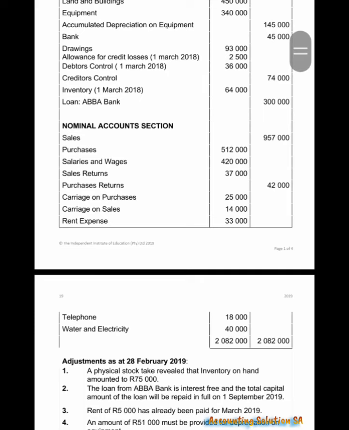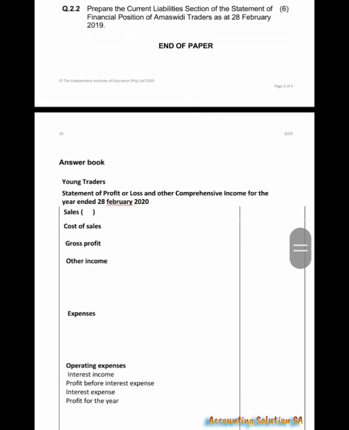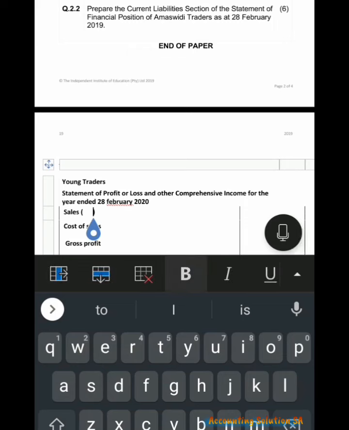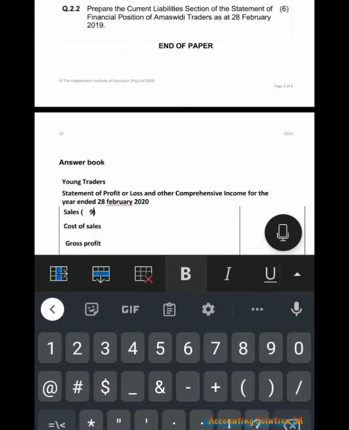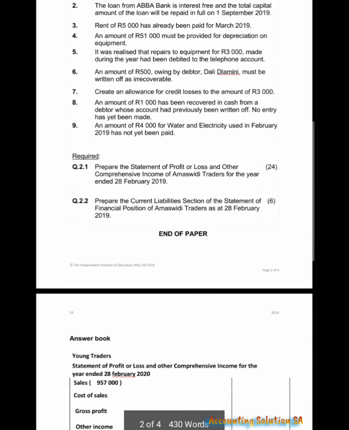The first amount, of course, we have to take is sales. Sales, we have 957,000. Then we check if we have any return that we have to deduct.